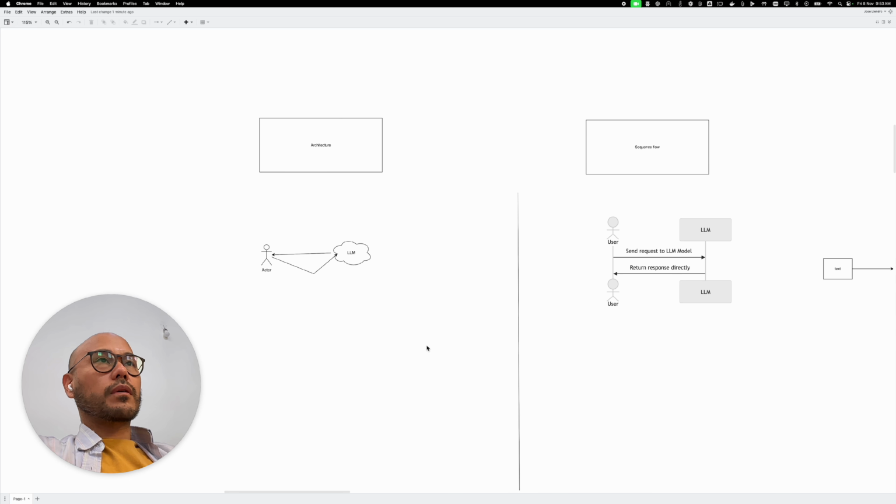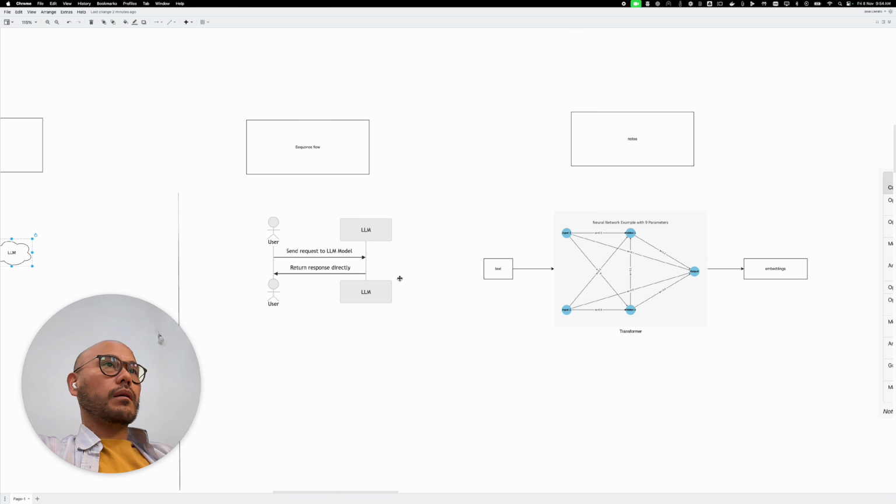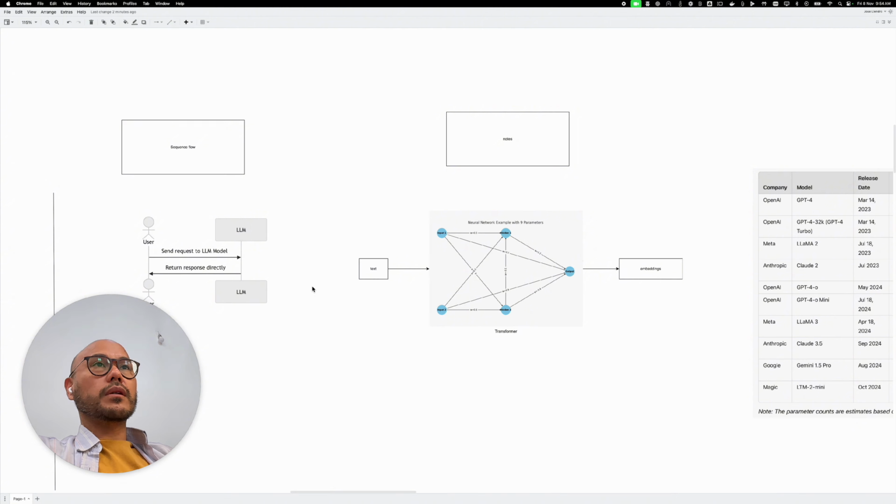Okay, so let's start from the very basic one, when we have an actor which is interacting with an LLM. Examples of LLMs these days are GPT, Claude, Gemini, Llama, etc. So here we have an LLM that we can ask some questions or share some data, and the LLM will create a response for us, and it's working incredibly.